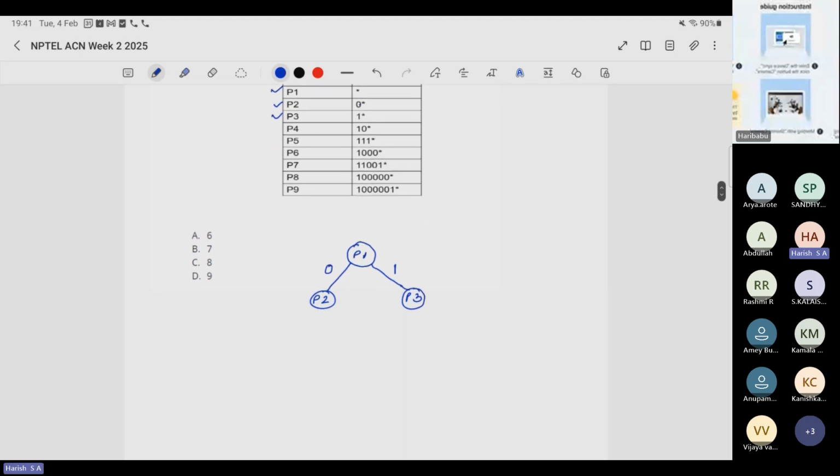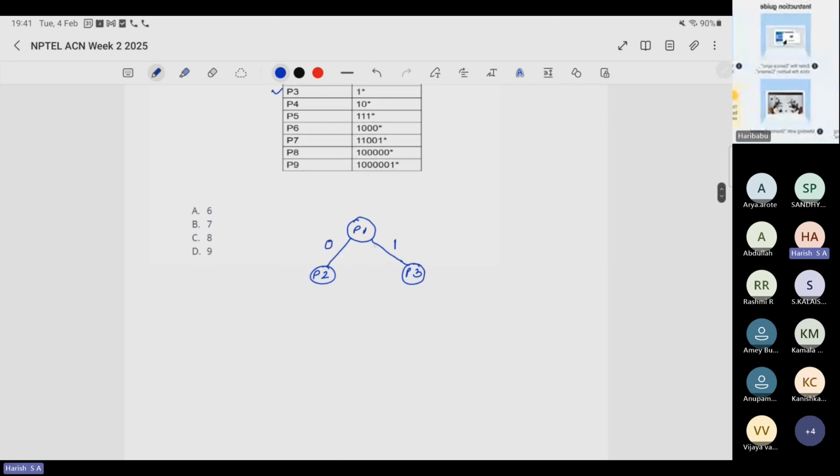Then P4. P4 is 1, 0. The 1 is already here, now I have to add a 0, and this becomes P4.